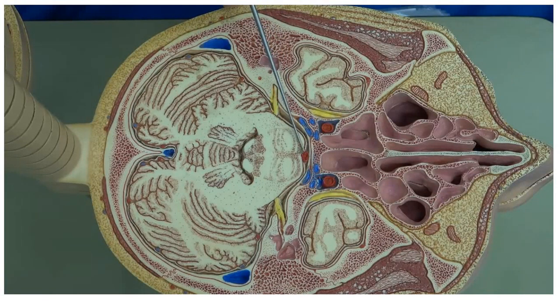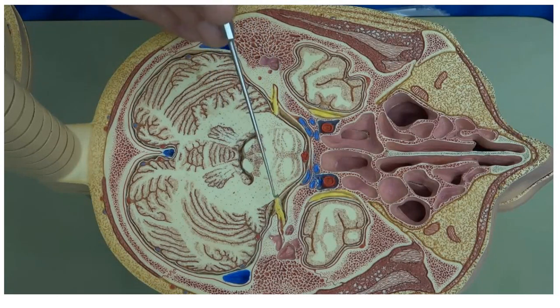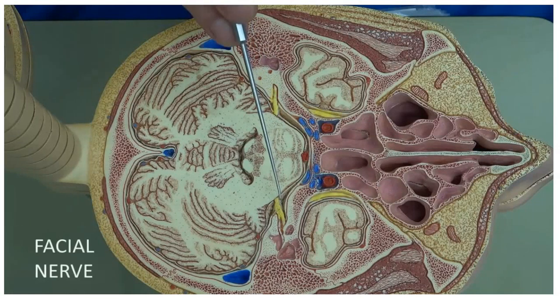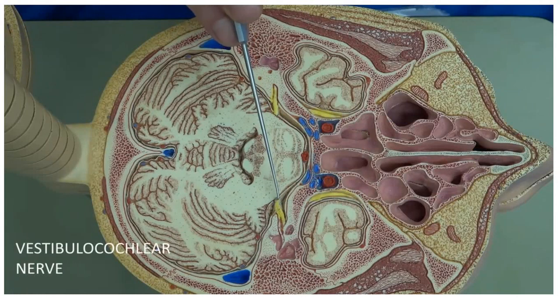We can of course see the structure of the pons, the fourth ventricle, the nerves that arise from the cerebello-pontine angle, so the facial and vestibulocochlear nerve.